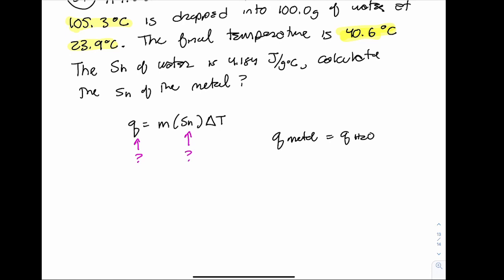So what I can do is I can write essentially this equation twice, once for the water, once for the metal, and set them equal to each other. And then I don't have to worry about Q, right? Q is not part of my equation.